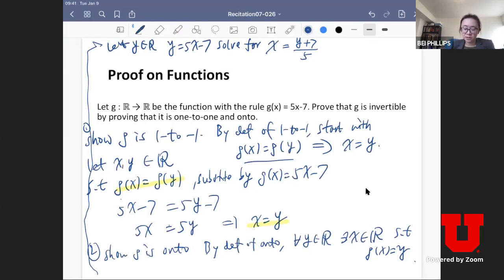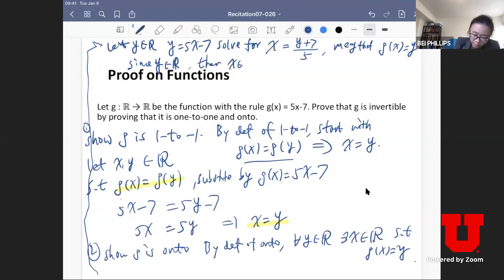Once I solve for x, which means that g of x is equal to y, because I just solved for it. But there's one thing that's missing. I need to prove x is a real number. Because y is a real number, then x is a real number due to the closure property of real numbers under multiplication, addition, subtraction, and division. That's it.